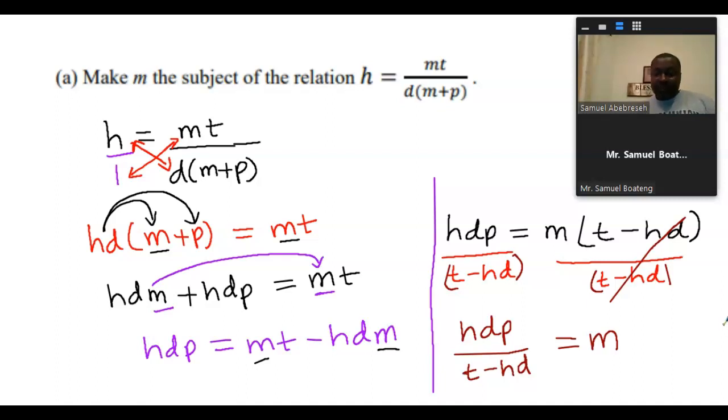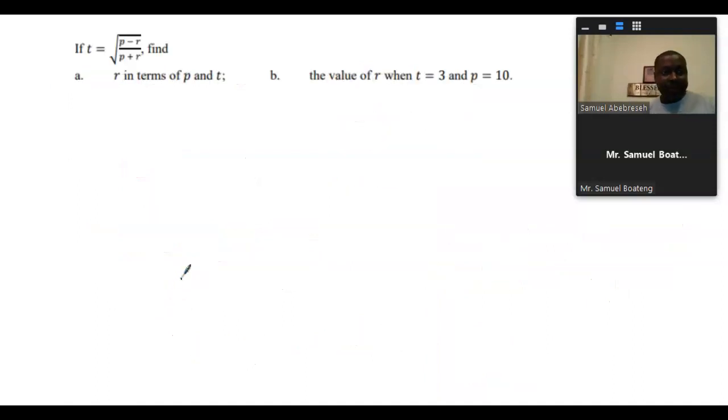You always have to put the expression in bracket before you cancel out. Okay, that is the answer. So m is equal to hdp over t minus hd. Good. Let's look at another question.